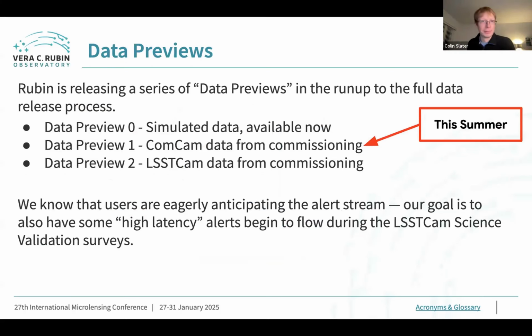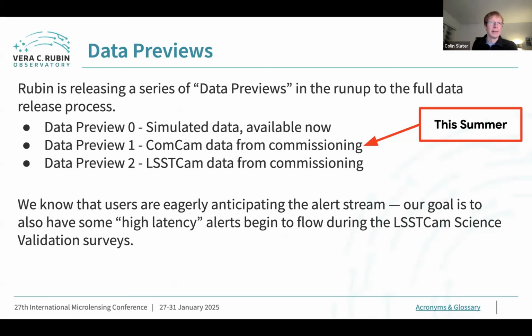I'll basically end by talking about the release of the data. We've said that there will be a series of data previews prior to the full data releases that will give people access to some of this commissioning data. Data Preview 0 was simulated, that's already available.